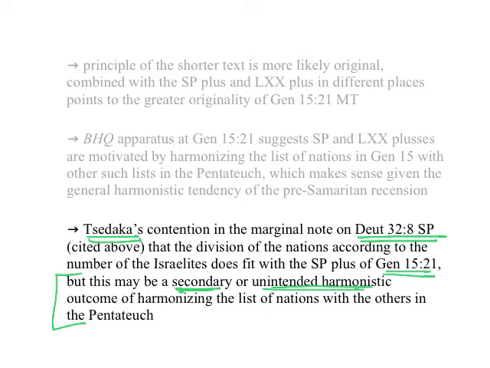That is, the plus in Genesis 15:21 on the surface doesn't seem like it was to try and fix the issue in Deuteronomy 32:8 with the nations numbered according to the sons of Israel, but rather was just to coordinate the list in Genesis 15 with the other lists that included the Hivites throughout the Pentateuch, though further investigation is needed before making this conclusion.